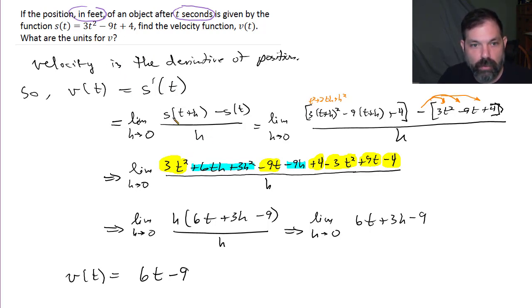And so if we think of our units in the numerator, s is a position function. S of t plus h, that's a position. S of t is a position. So these units are in feet. Here, h is a change in time, seconds. And so the units on this velocity are in feet per second.